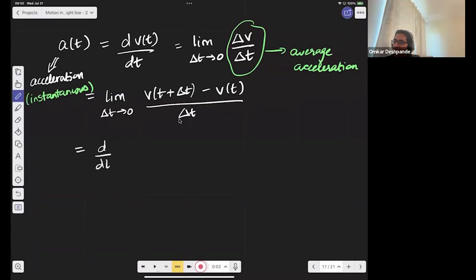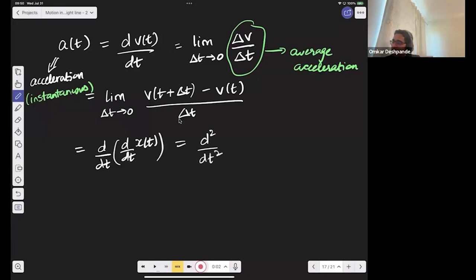Now there is another notation here. Since d by dt of v of t, with v of t itself being written as d by dt of x of t, it's the derivative of the position function. So we often denote this as d square by dt square.